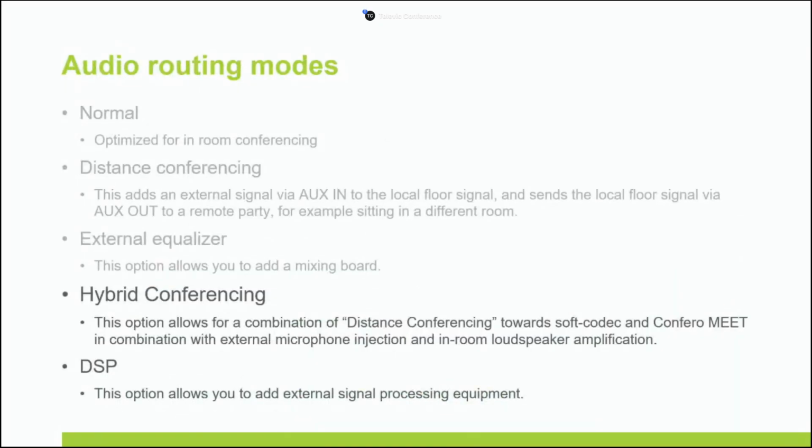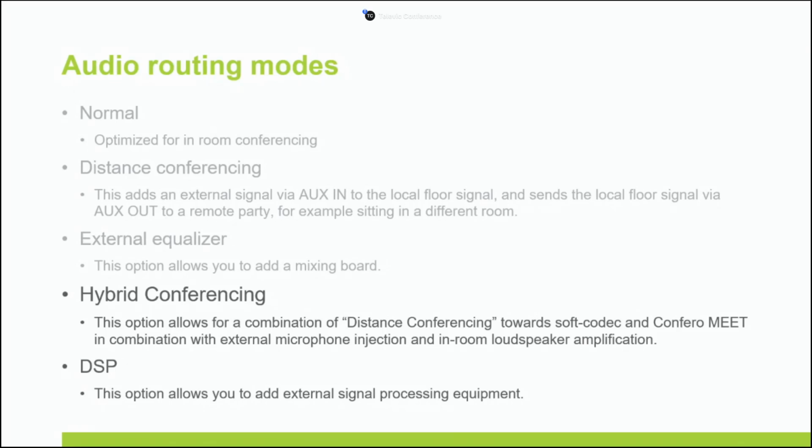So that's the overview of the different audio routing modes that we currently have in our solution. You have the normal distance conferencing, which is really a mix minus on the aux in and out. Then you have external equalizing, or putting a mixing board in between, so that's processing in between. Then you have the new hybrid conferencing solution, which is an additional one on top of the distance conferencing, to make a combination and injection of microphones and loudspeaker solutions in the amplification.